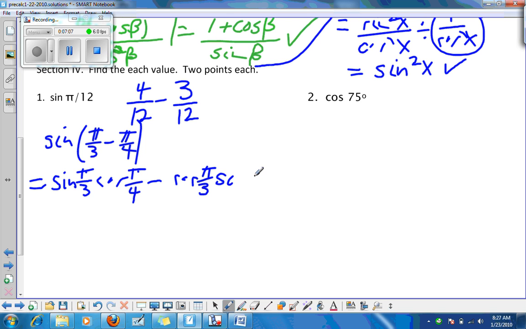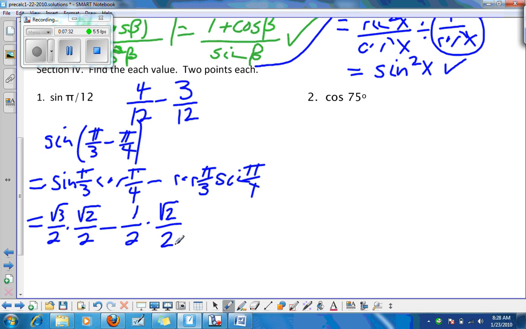And this is knowing our unit circle. The sine of pi over 3 is radical 3 over 2. Cosine of pi over 4 is radical 2 over 2. Subtracting, cosine of pi over 3 is 1/2. Sine of pi over 4 is radical 2 over 2. And when we simplify that, we get radical 6 minus radical 2 over 4.